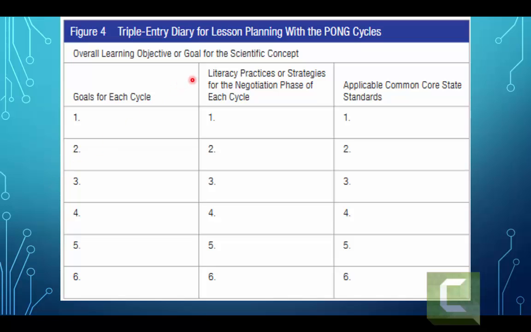And then you're going to write your literacy practices or strategies for the negotiation phase of each cycle. And then you can finally pair it with the Common Core State Standards. And then you can implement your lesson and know that you are integrating literacy into the science classroom.